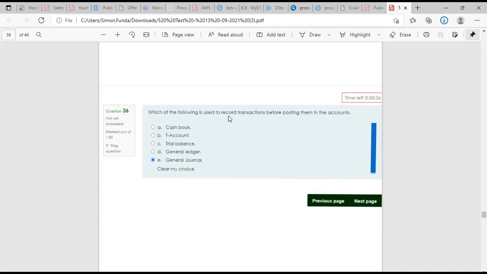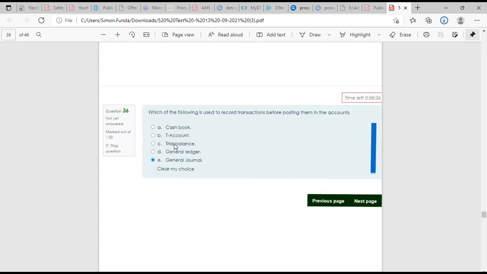Which of the following is used to record transactions before posting in the accounts? Okay, so before we post any transactions in the ledgers, first we start with the general journal. After journalizing, from there we post to the ledger.